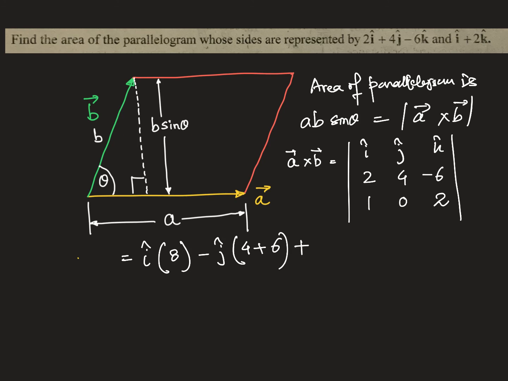Plus K cap into 0 minus 4. So 8 I cap minus 10 J cap minus 4 K cap. Is it?